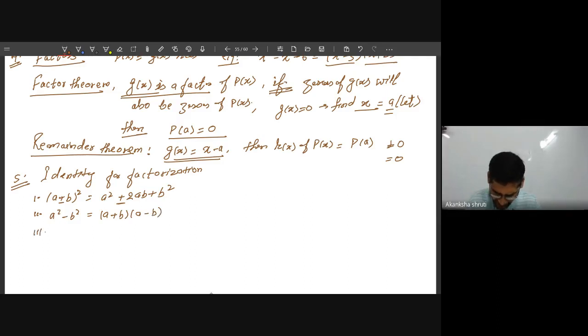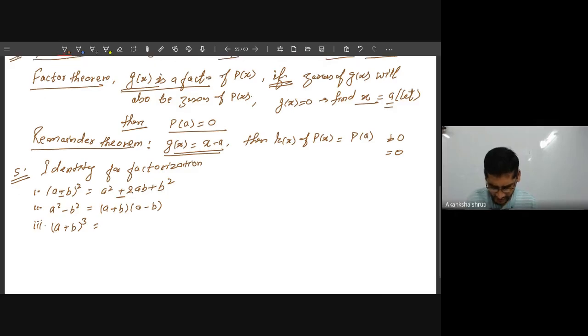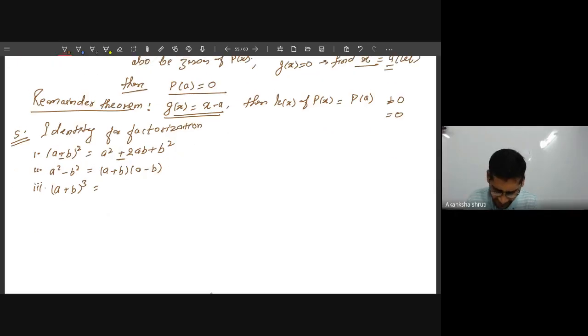The next one was for the cube. Let me write (a plus b) whole cube first. Student, please write everything in your notebook. It is given by a cube plus b cube plus thrice a square b plus thrice a b square.